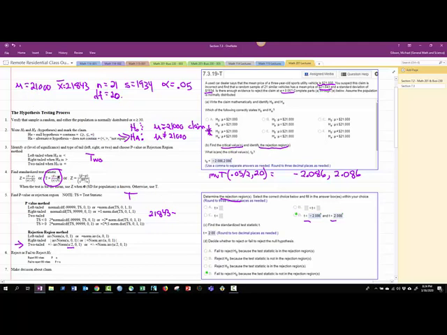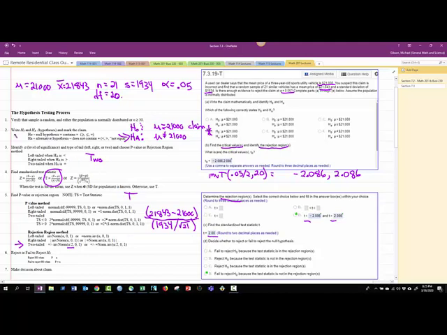X bar minus the mean from the claim, 21,000, divided by the standard deviation, which is 1934, divided by the square root of the sample size, which is 21. Do that calculation, you get this number here, 2.00, right? 2.00.